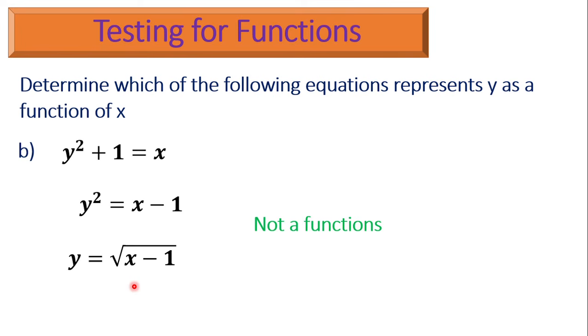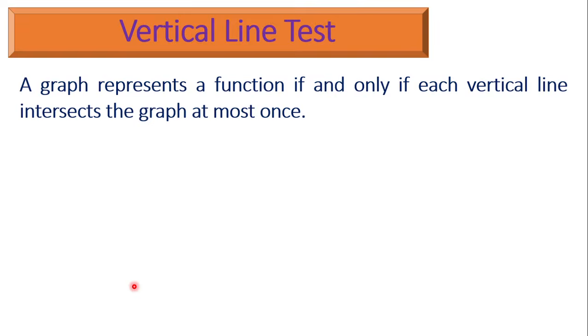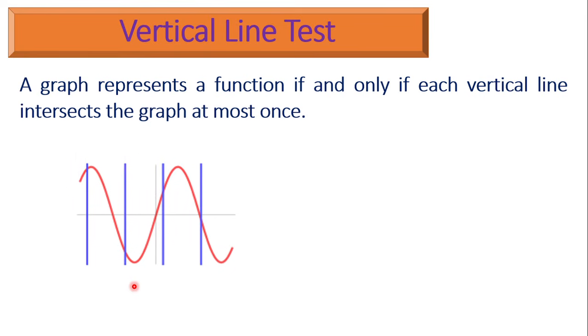Nagkakaintindihan po ba tayo? Okay, I hope naintindihan nyo lahat. Okay, so next. A graph represents, so paano naman yung vertical line test? So, mas madali ito. Kasi gamitin mo lang yung mata mo, di ba? Check mo lang mabuti. A graph represents a function if and only if a vertical line intersects the graph at most once. Okay.